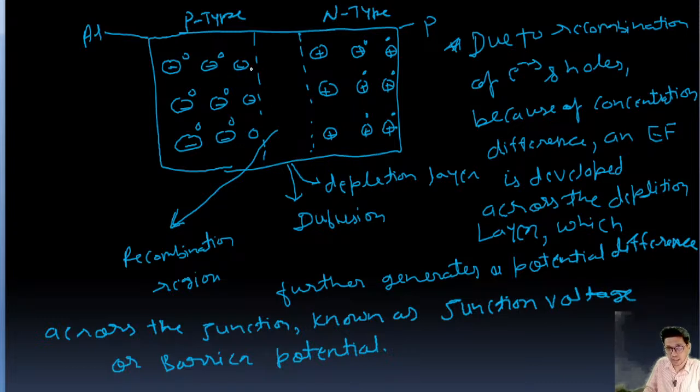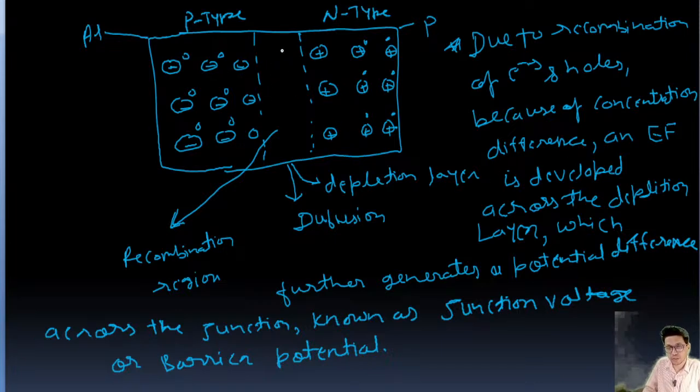The electrons will come this side, and holes will move this side, in opposite directions to each other. Due to recombination of electrons and holes, because of concentration difference, an electric field is developed across the depletion layer.